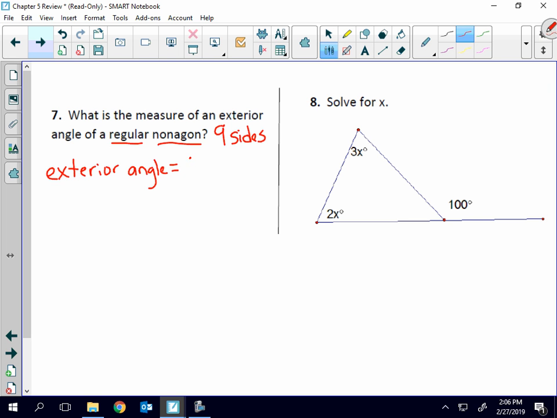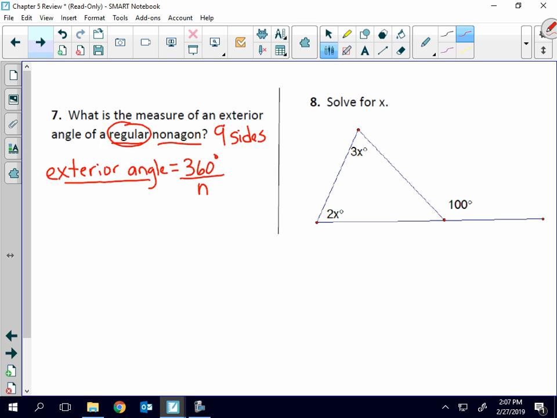360 degrees. Oops. 360 degrees divided by the number of sides, n. And when it's a regular polygon, that's how we find these. It only works for regular polygons, which means all the sides and angles are congruent or the same.